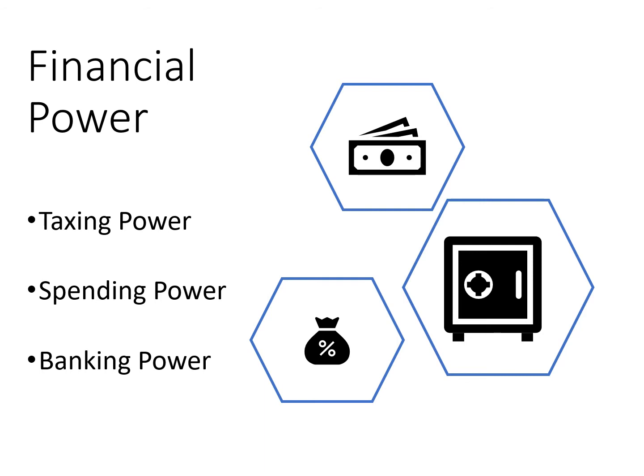For instance, financial powers of the federal government: they have the ability to tax, they have the ability to spend, and they have the ability to create a national banking system. So how does this work? Now, we just mentioned the federal government has two main powers, to regulate interstate commerce, and then these financial powers. Almost everything else is reserved to the states.